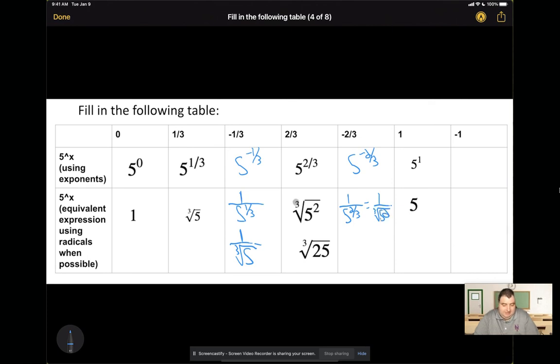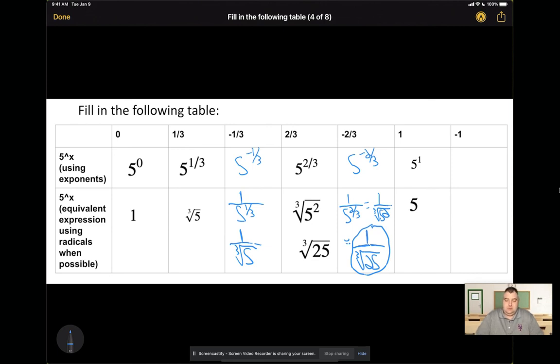I got that from over here. And I could further simplify that as 1 over the cube root of 25. Again, 5 squared is 25. So 5 to the power of -2/3 is the same as 1 over the cube root of 25. And 25 is not a perfect cube, so I'll leave it like that.